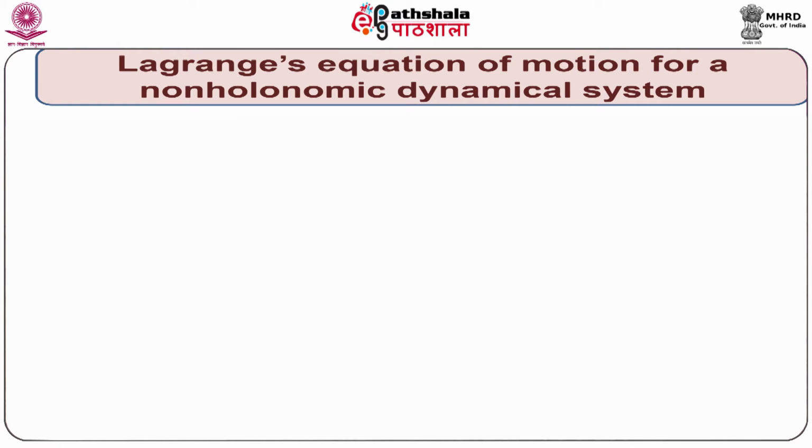In such cases, the equations expressing the constraint relations are of little help to eliminate the dependent coordinates. This leads us to obtain Lagrange's equation of motion for non-holonomic dynamical system. In this module, we shall discuss Lagrange's equation of motion for a non-holonomic dynamical system.